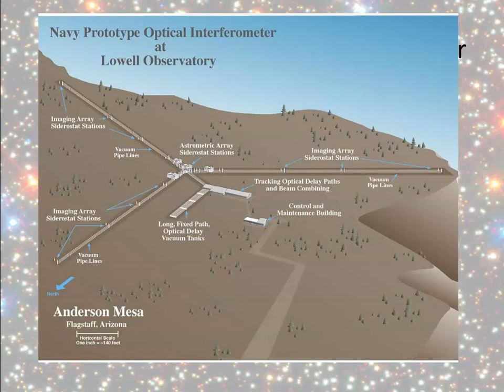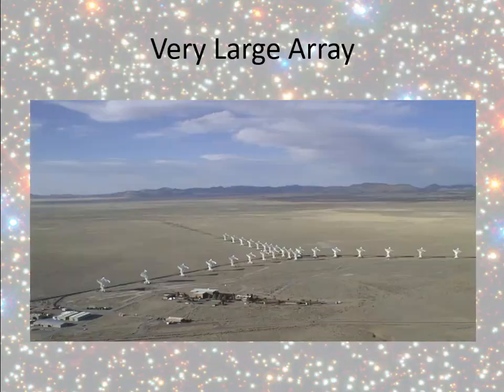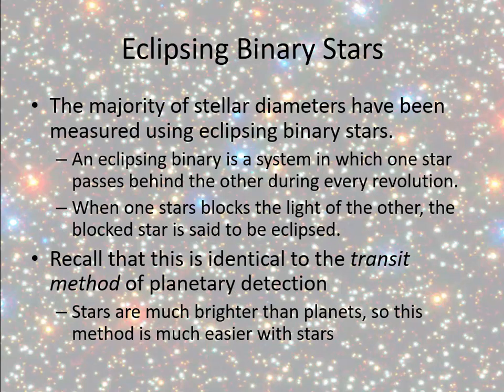And you can also do this somewhat at optical wavelengths as well, but it's a lot easier to do it using radio telescopes because it's a lot easier to convolve the individual signals from each of the individual radio telescopes. It's easier to do that over large distances than it is with optical telescopes. So, for example, the Very Large Array in New Mexico.